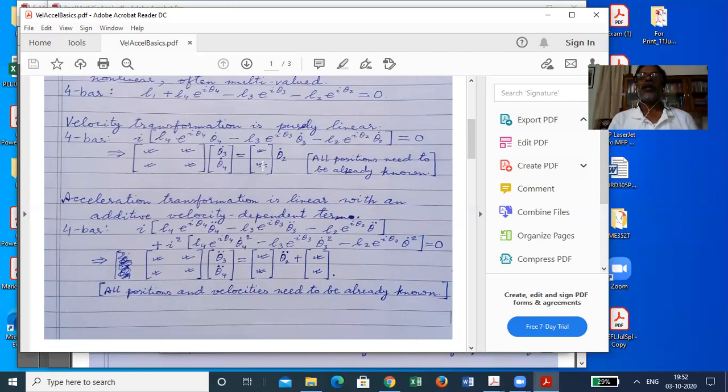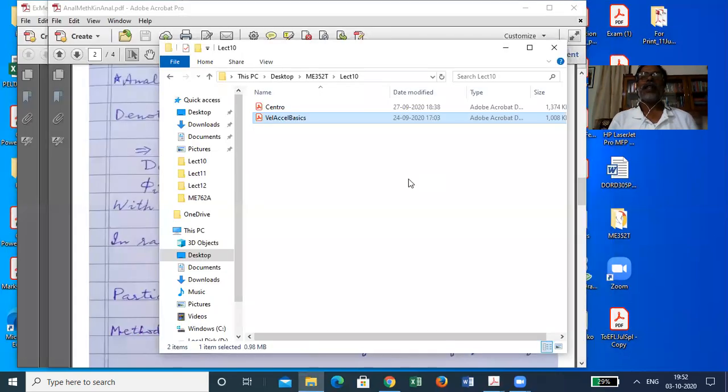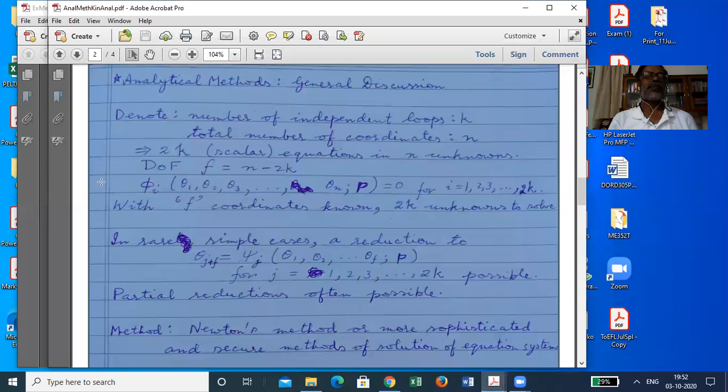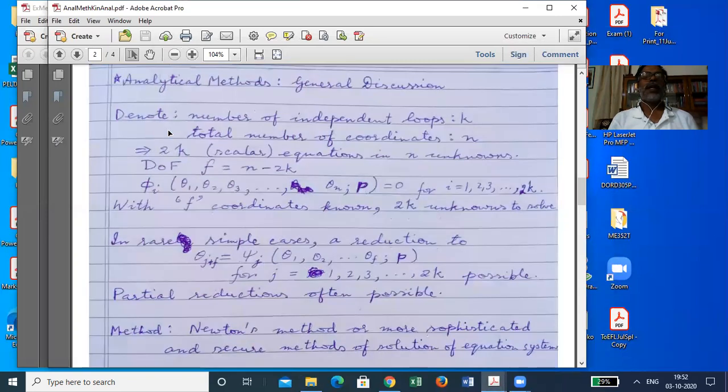Okay, so let me elaborate that now here in a general context. So denote the number of independent loops in the mechanism as k. In the 4-bar example, there was a single loop. Now here, loops can be independent loops, 2, 3, 4, whatever. Total number of coordinates: see, the loops we are talking about are independent, the coordinates we are talking about are the total number.